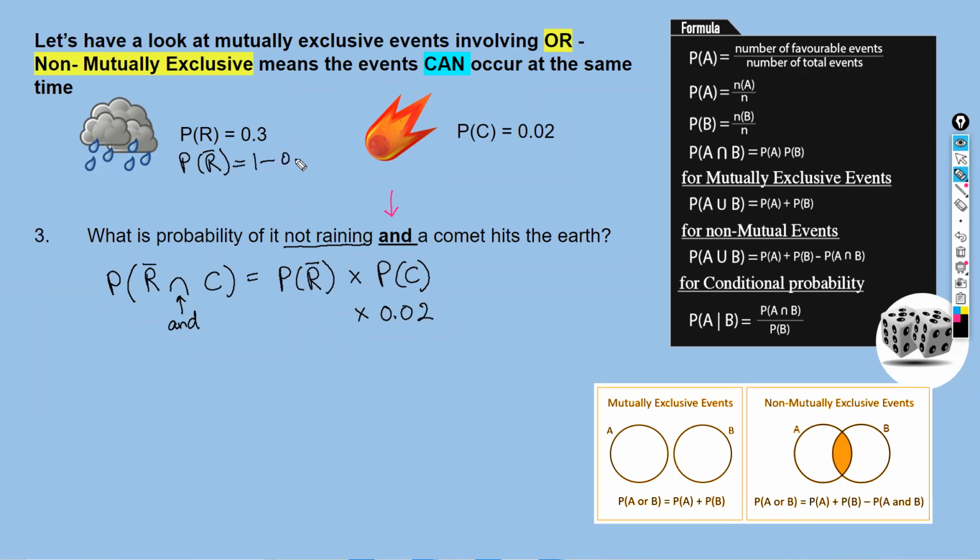So it's 1 minus 0.3, and we get 0.7. Multiply these two, and you will get your answer. And the answer you're supposed to see on your calculator is 0.014. Right? For those who got it wrong, you understand your mistake? Sarah, you understand the mistake? Archie, you understand the mistake?